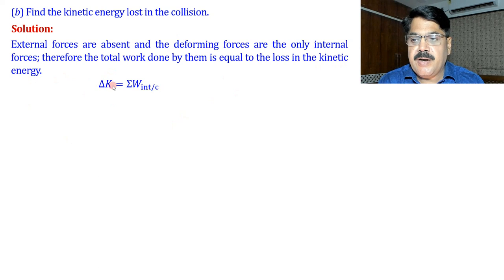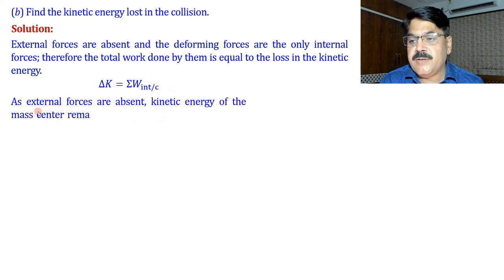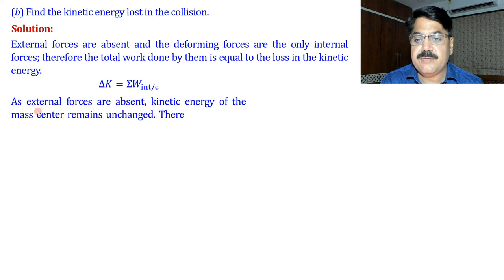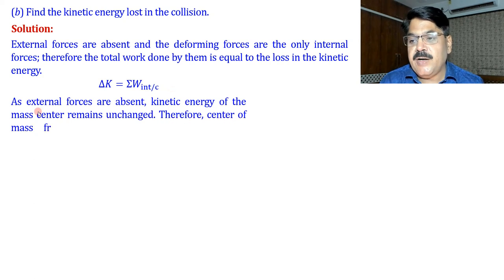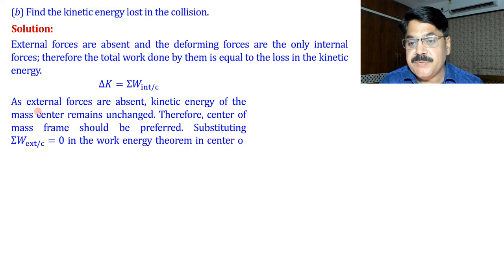Total change in kinetic energy or loss in kinetic energy here is the total work done by all the internal forces, because external forces are not doing any work. As the external forces are absent, kinetic energy of the mass center remains unchanged. Therefore, the center of mass frame should be preferred, because only there is change in kinetic energy in the center mass frame.